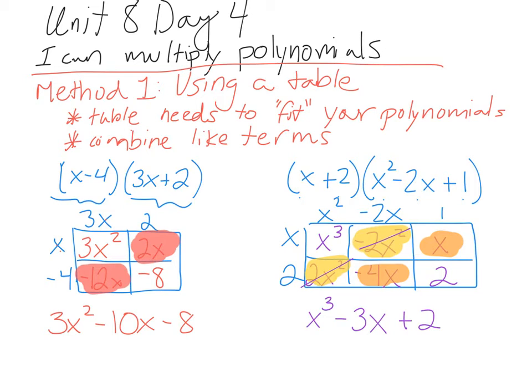We're going to look at another method for doing this. And you might have heard of this. If you need to keep writing, go ahead, pause the video. I'm going to look at a second method. This method is called FOIL. I'm writing it like this so that you understand these stand for something. This is first.